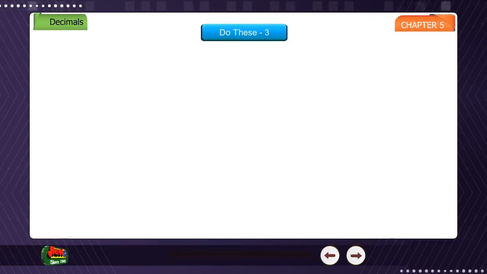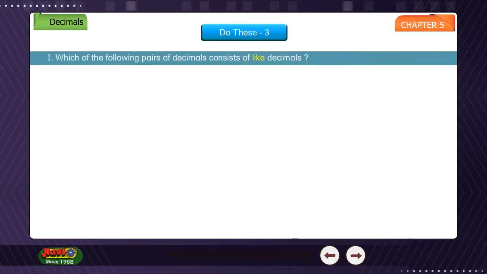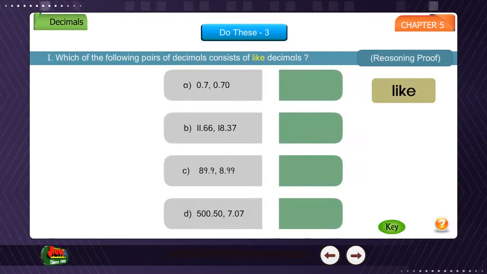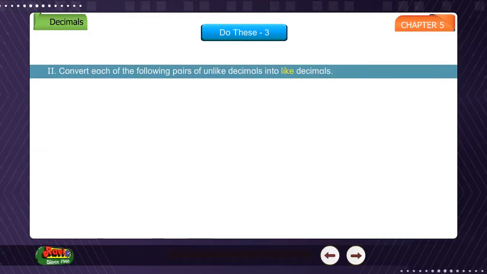Do these three. 1. Which of the following pairs of decimals consist of like decimals? Reasoning proof. Two.